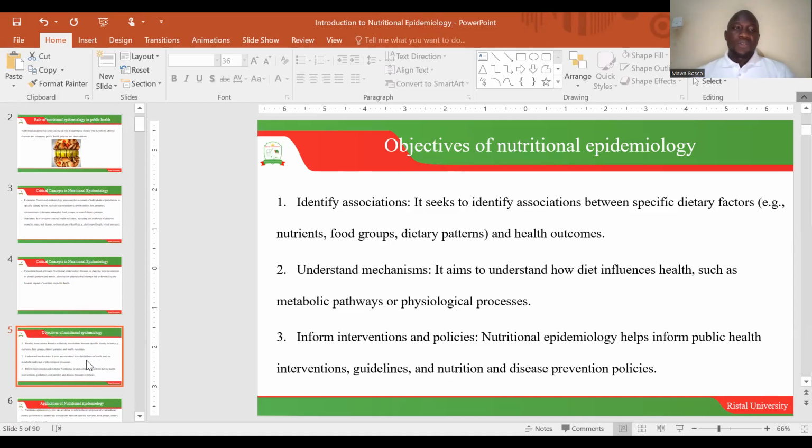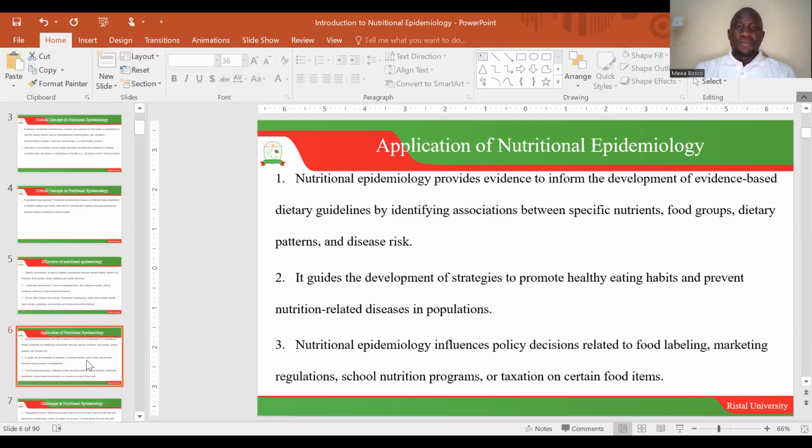And then we are also interested in getting knowledge that we can use to inform the interventions, policy, or guidelines that we can put in place to safeguard the population. So we use knowledge of epidemiology in informing policies, designing programs, and educating people about healthy eating habits.